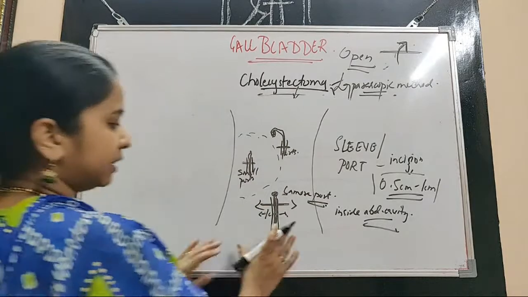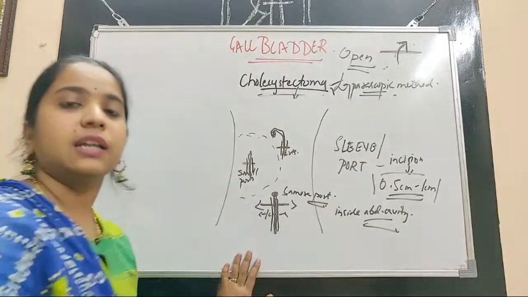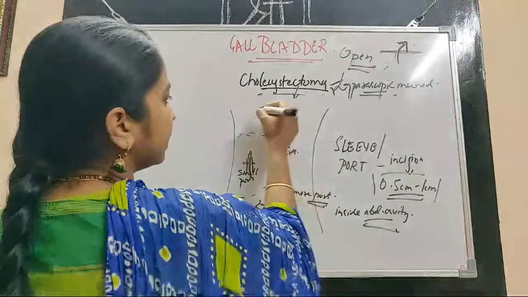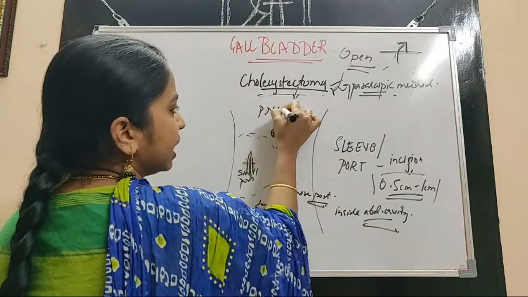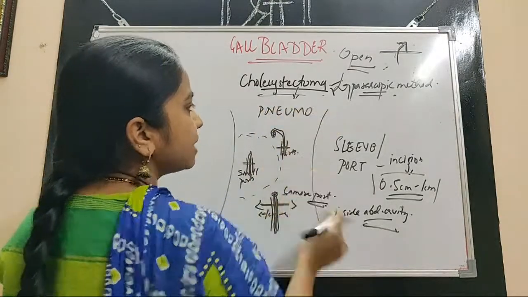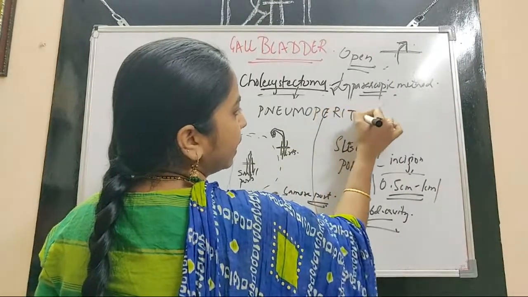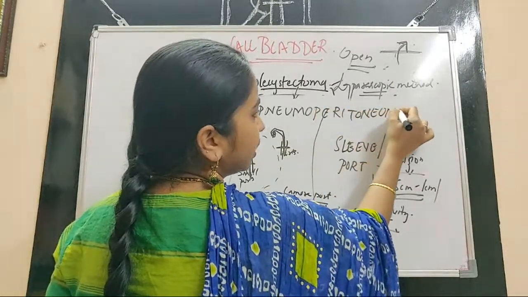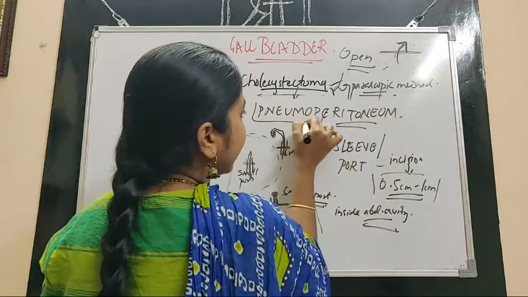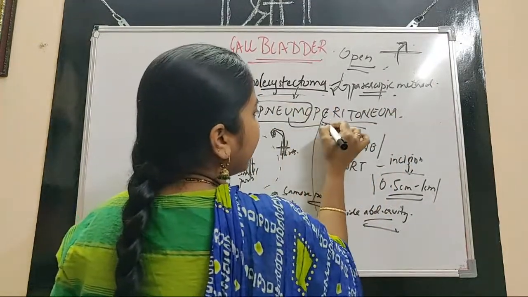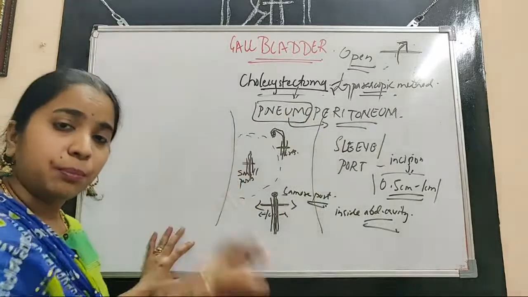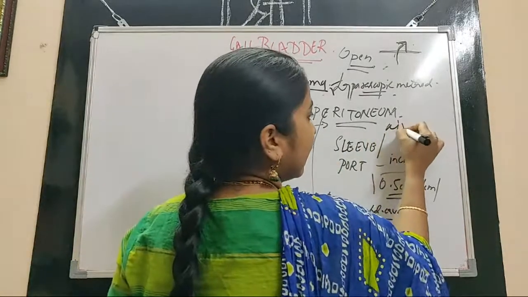Now after this, before they start the operation, one very important thing in laparoscopic surgery is the creation of pneumoperitoneum. Pneumo is air, so the peritoneal cavity is filled with air.